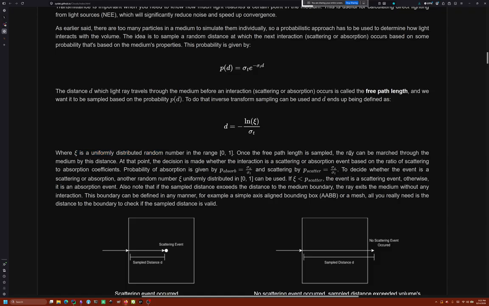Once the free path length is sampled, the ray can be marched through the medium by this distance. At this point, the decision is made whether the interaction is scattering or absorption based on the ratio of scattering to absorption coefficients.